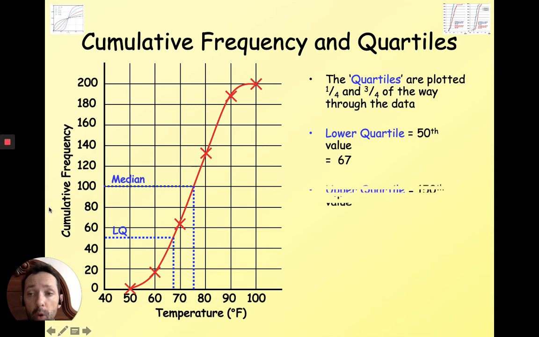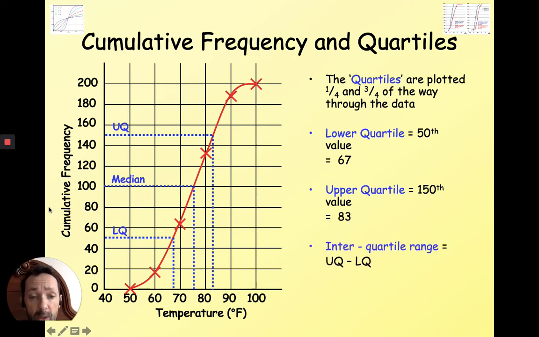And the upper quartile is the 150th piece of data, which is 83, something like that. The interquartile range is just upper quartile minus lower quartile, which gives us 16.